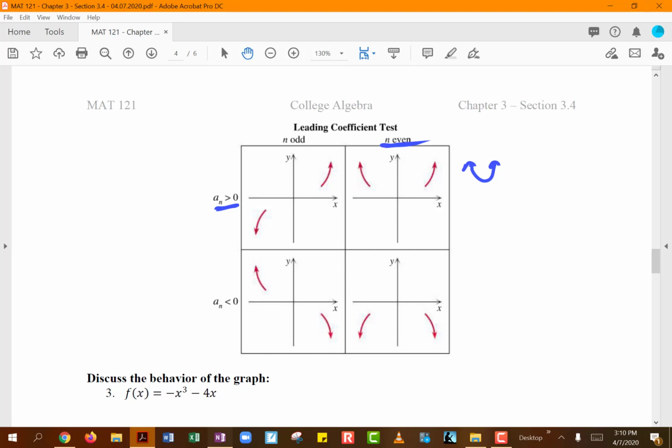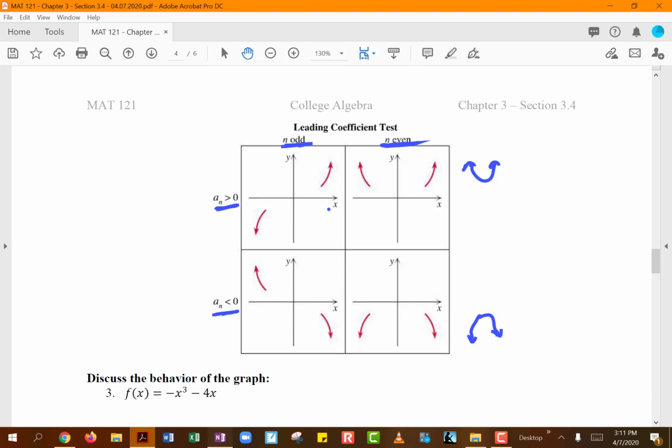When it's an even exponent but your leading coefficient is negative, you can see these two arms end up looking like when your parabola falls down, right? So that's the kind of shape this graph will have. Now if you have an odd exponent with a positive coefficient, you can see how this arm is going up and this arm here is going down.